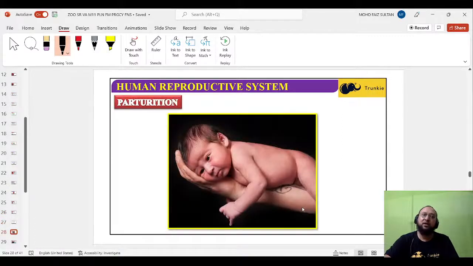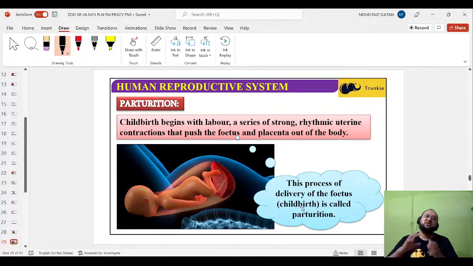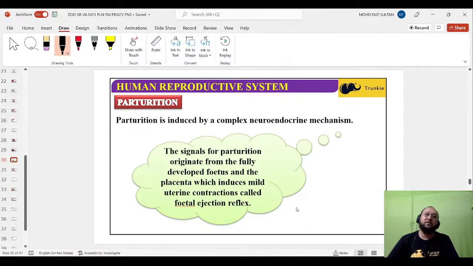Parturition is the term used for delivery, and this delivery or parturition is initiated by the fully developed fetus only. It compresses or pushes on the placenta, which in turn generates a reflex. The signals for parturition originate from the fully developed fetus and placenta, inducing mild uterine contraction, and then rhythmic contraction of the uterine wall takes place.